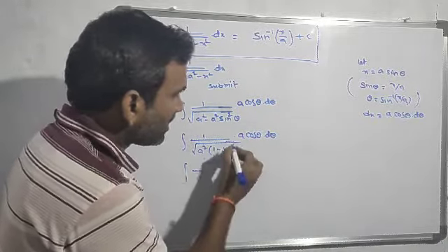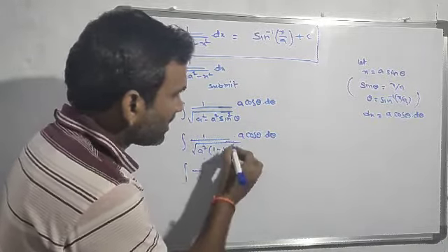In the numerator also I have a cos theta into d theta. Both will get cancelled. So the integration of d theta equals theta plus c. What is theta? Theta is sin inverse of x by a plus c. So this is the RHS.